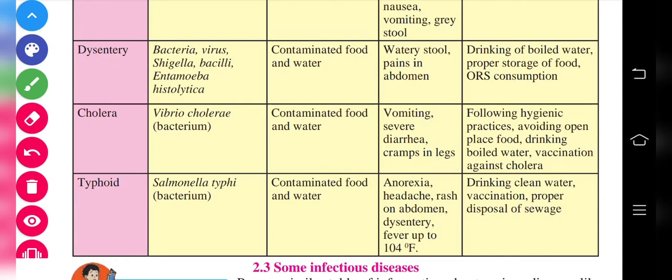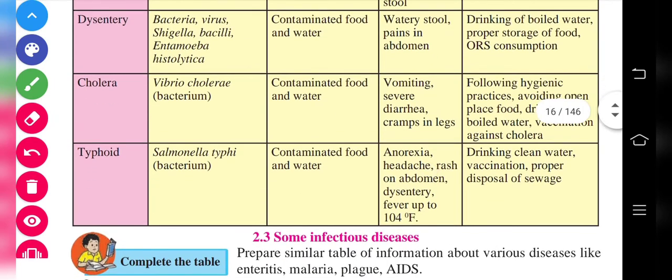Symptoms are headache, rash on the abdomen, and fever up to 104 Fahrenheit. Fahrenheit is a unit for measuring body temperature. Generally temperature is measured in Celsius, but nowadays we can also measure it in Fahrenheit.